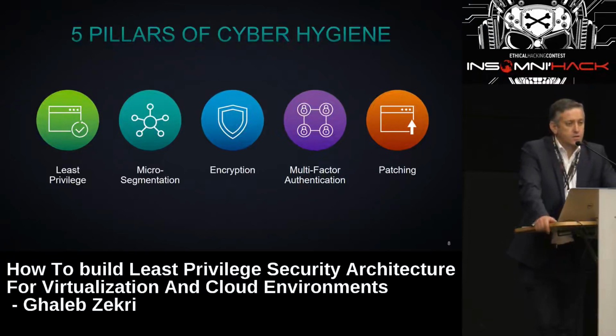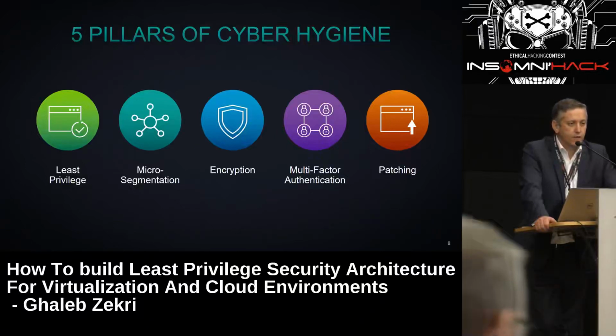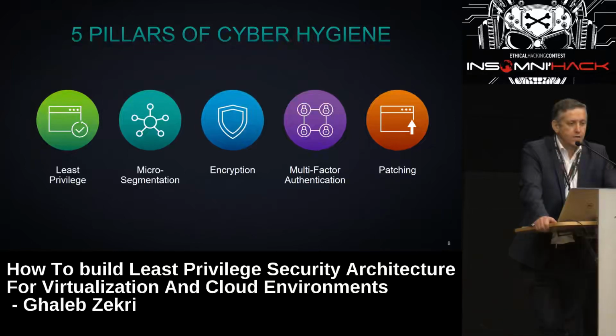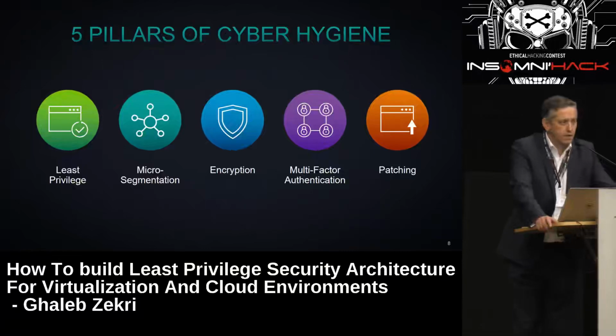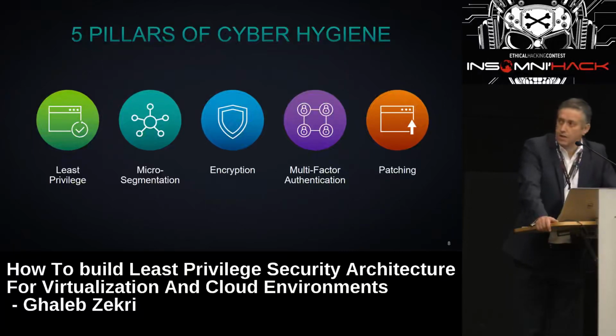Next is zero trust, what we call the zero trust model or micro-segmentation: make sure we control and check every exchange, every communication, every traffic going from and to any process or workload.